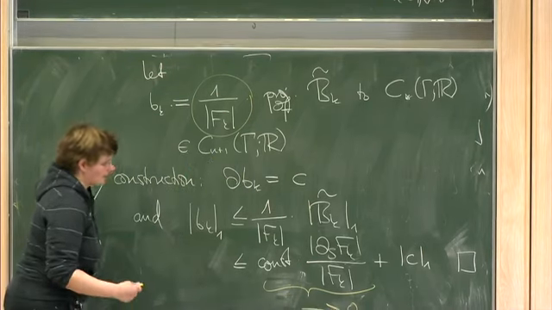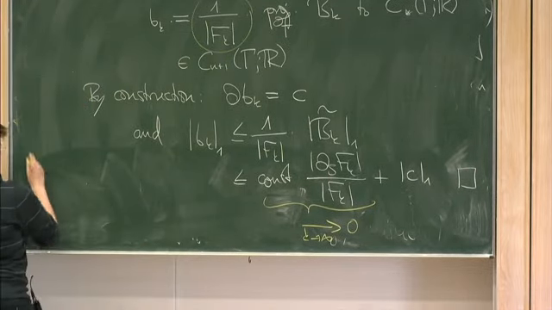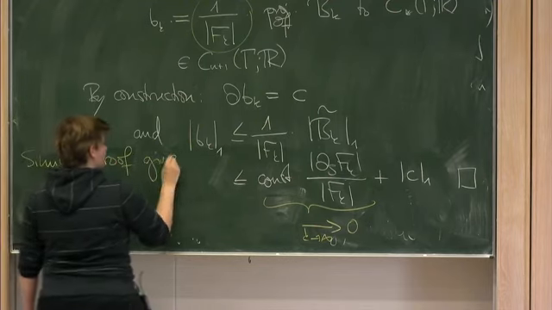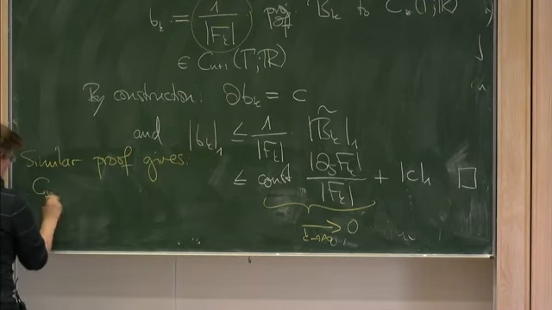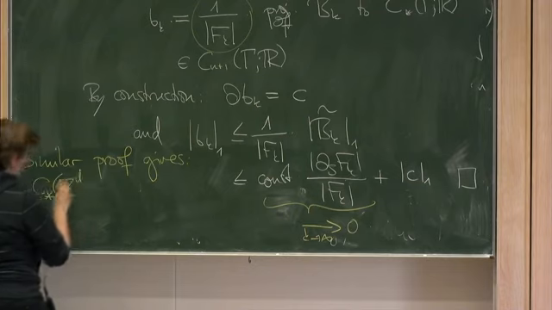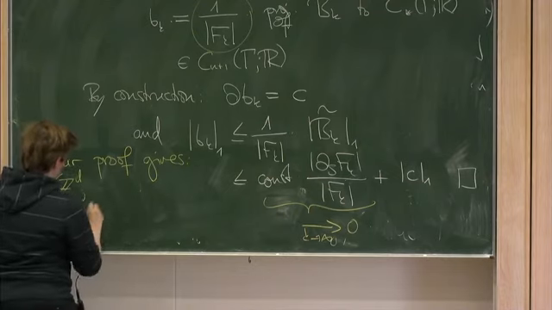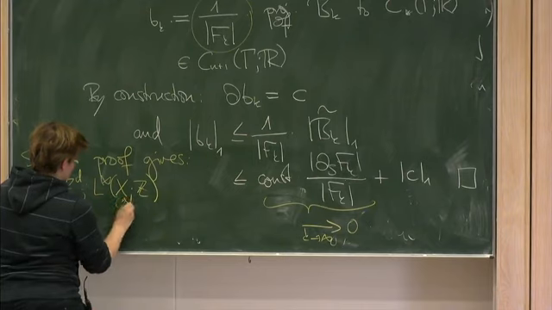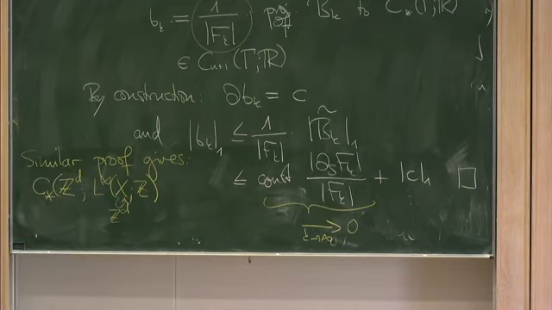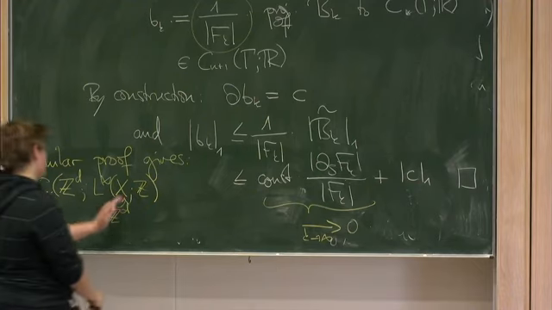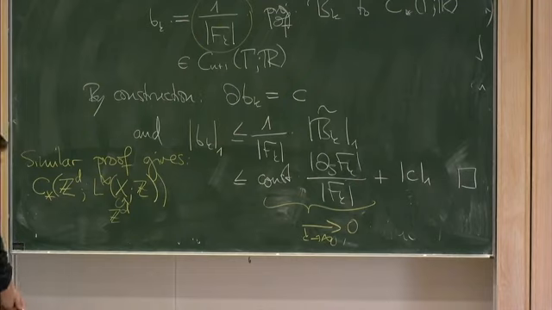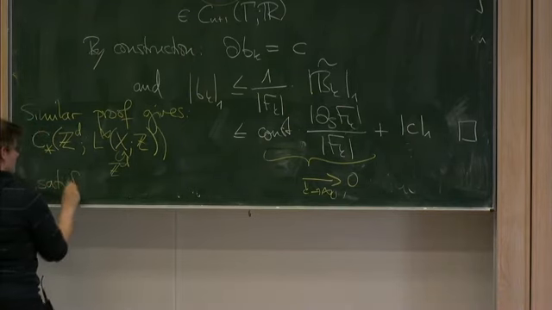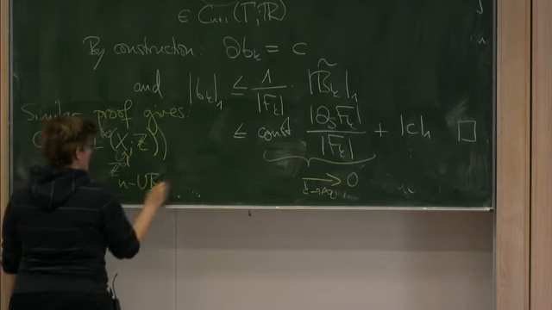And then, for example, you get the following result. A similar proof gives the following: C_* of some free abelian group with coefficients in L-infinity(X, Z), where X is a space on which the group acts by probability measure preserving transformations, and this should be essentially free, satisfies NUBC.